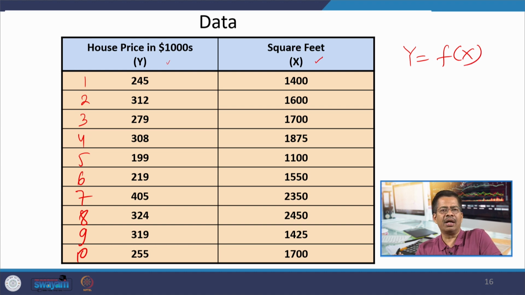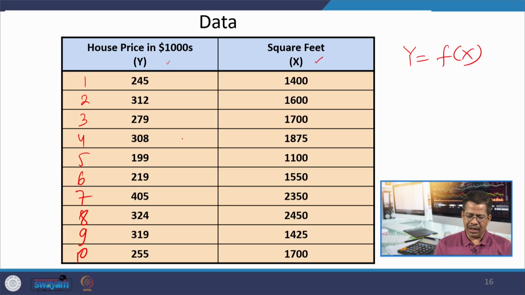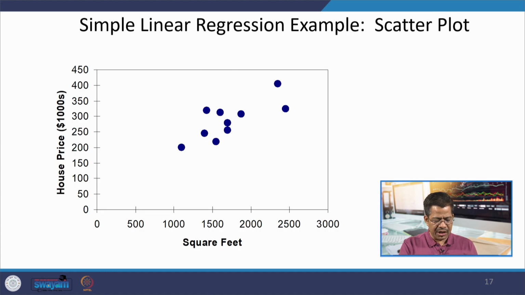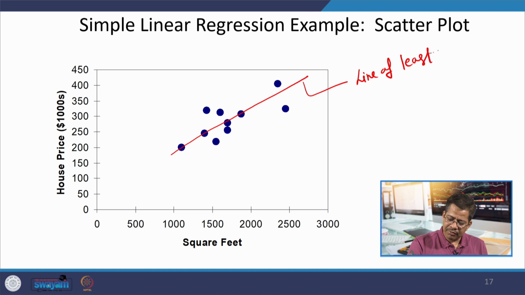Now, there are ready-made softwares available, and this is the scatter plot you are going to get when you put this data in any Excel table, and you can generate this scatter plot from the data. Now, if you see, the regression equation will be something like this, which is also known as line of least square.